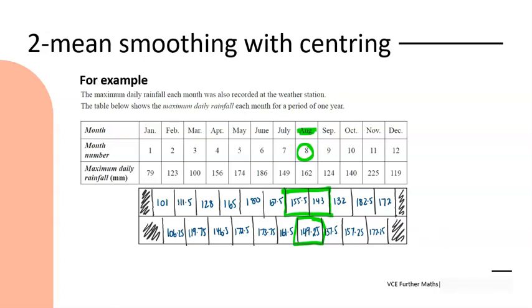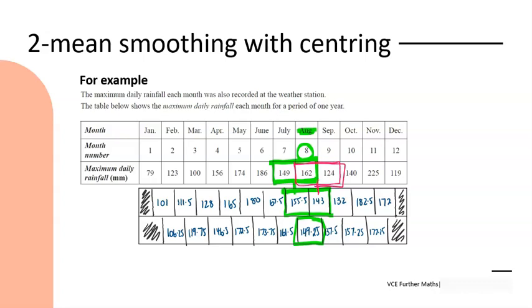The value here on the left, 155.5, is a two mean valued smooth number. So it's come from the two values above there. So it's actually from month 7 and month 8, which feed directly down. And we're talking about month 8 and month 9 to feed down to give us that value of 143.